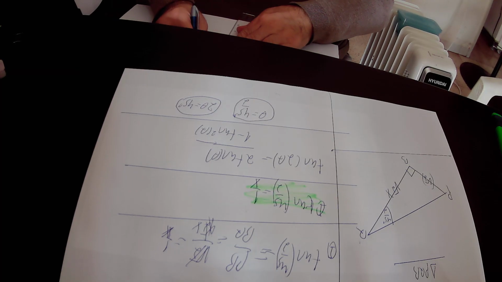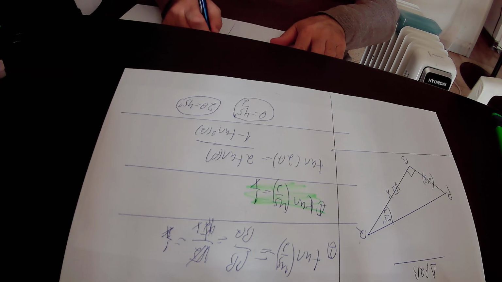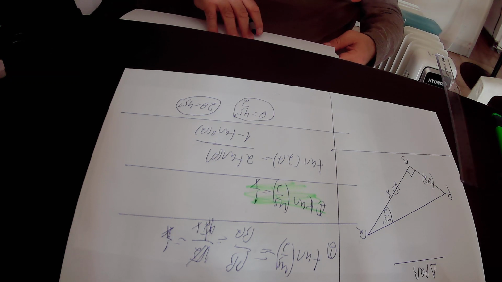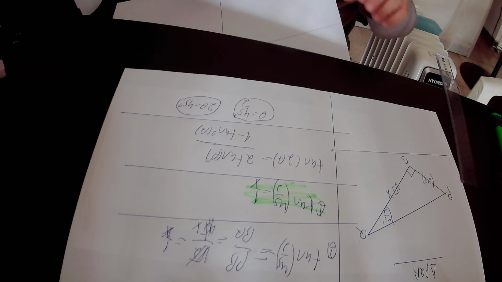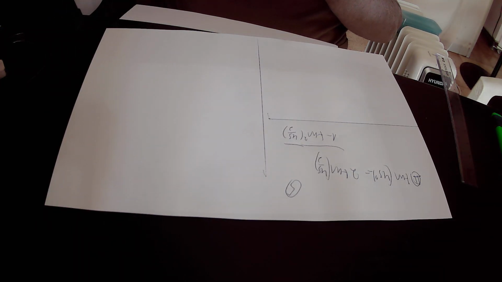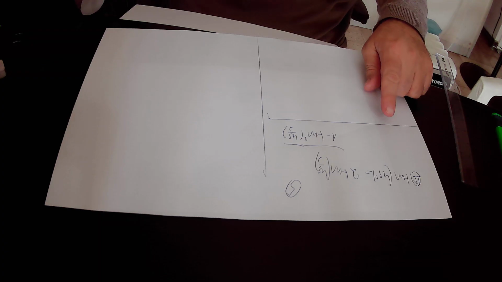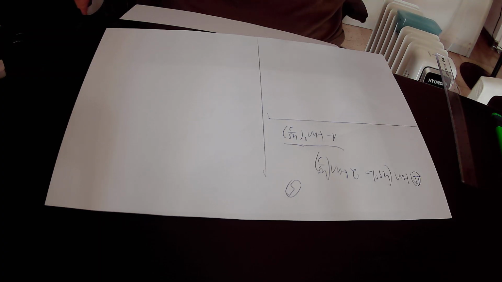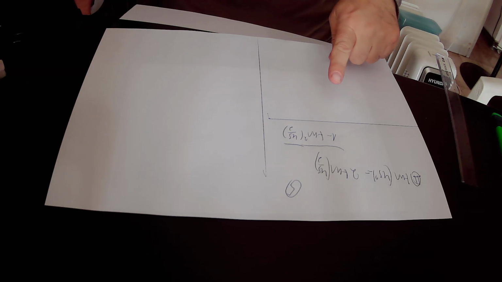In conclusion, we found out that according to equation number 2, tangent 45 degrees equals 2 times tangent 45 over 2 degrees over 1 minus tangent square 45 over 2 degrees.